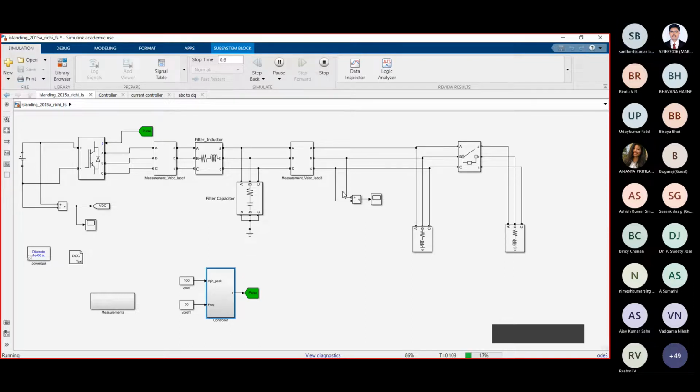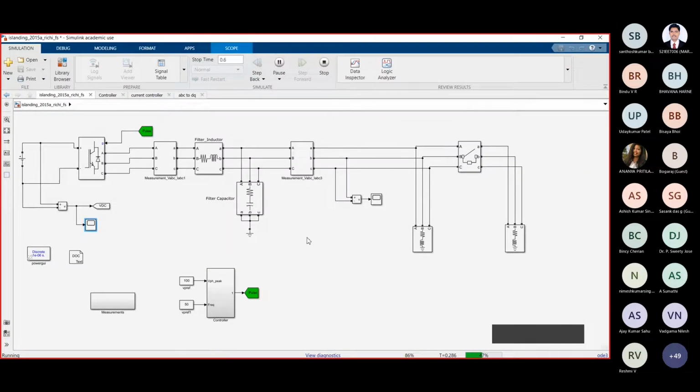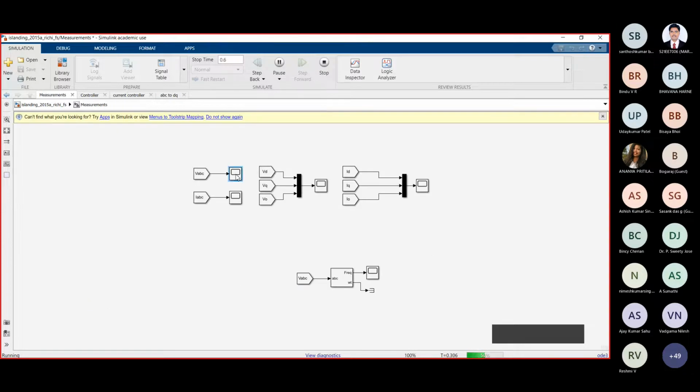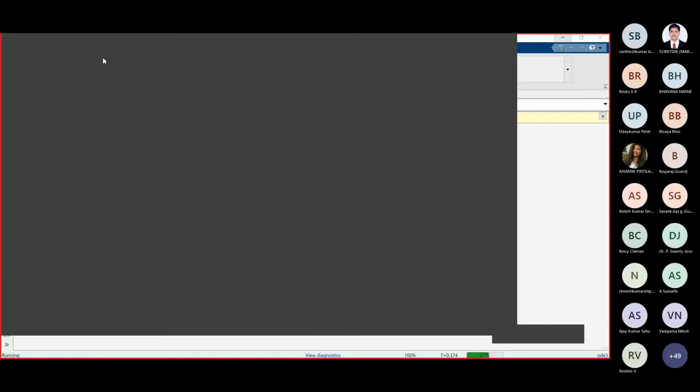We will see. At 0.2 seconds, I have changed the load. The current immediately increases.